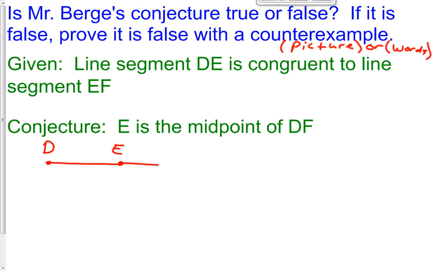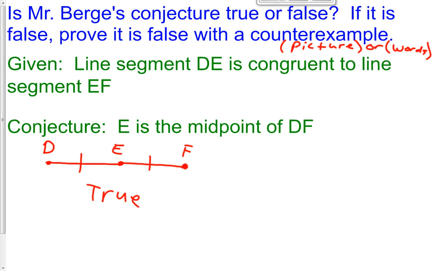So here's E and F. If DE has to be congruent to EF, then the conjecture I'm making is E is the midpoint of DF. According to the picture that I just drew right here, this would be true. E is the midpoint of DF.